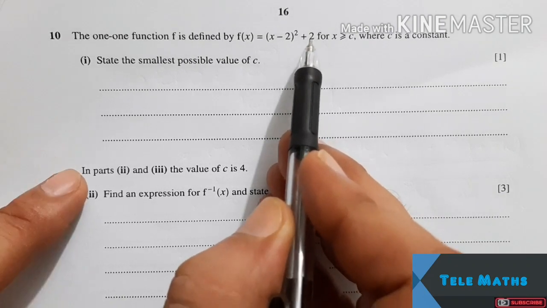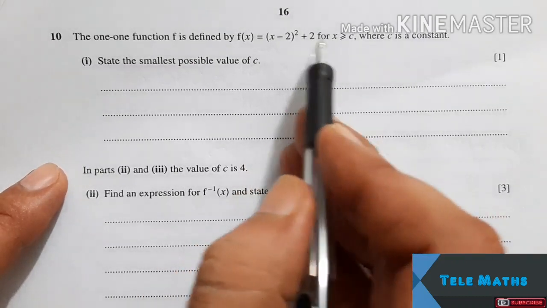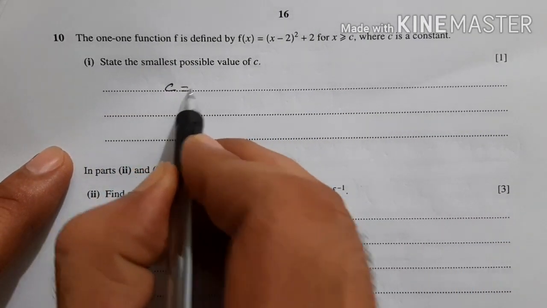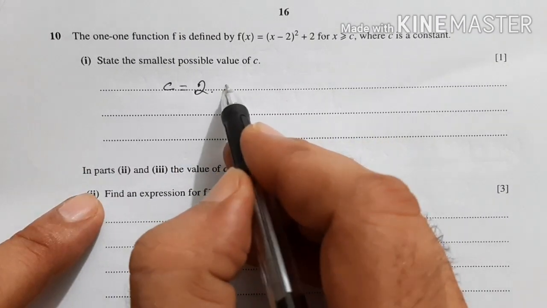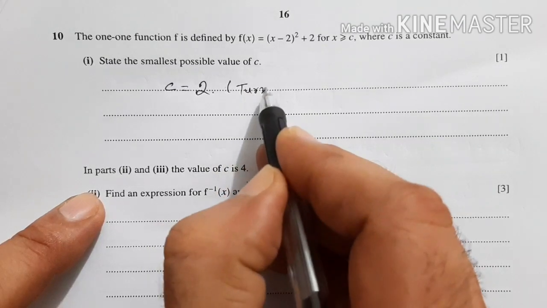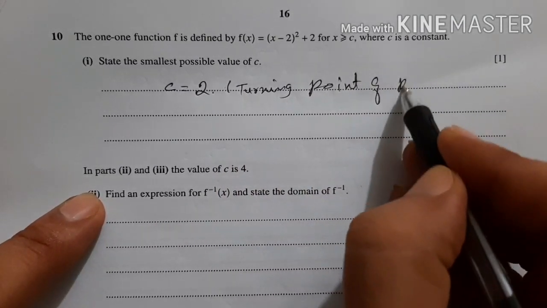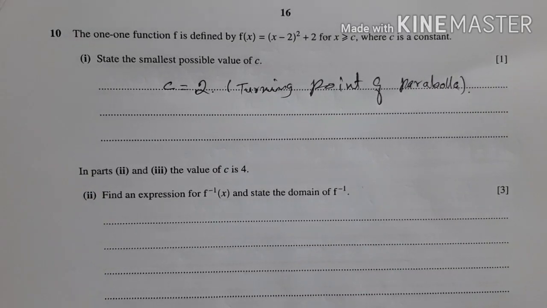This is the turning point, so this will be the smallest value of the constant c, which is obviously 2, the turning point of the parabola. So this is a 1 mark answer.